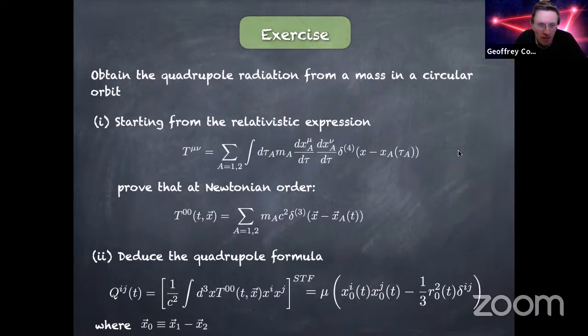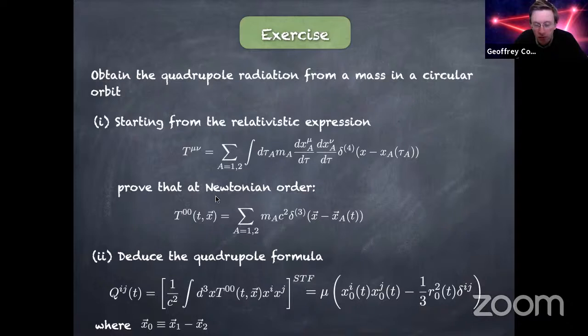So to start, let's try to derive it by starting from the relativistic expression of the stress-energy tensor of a point particle, which is given by this. So we have two particles, and the stress tensor is the mass times the velocity with index mu times the velocity with index nu, with a delta function.